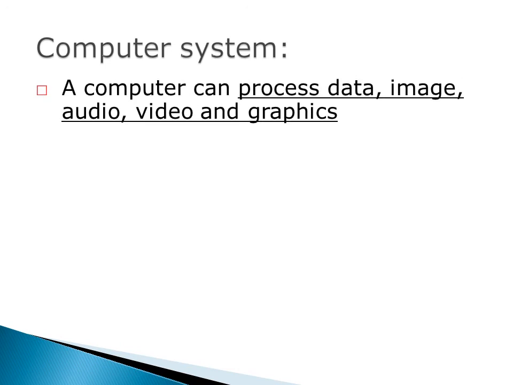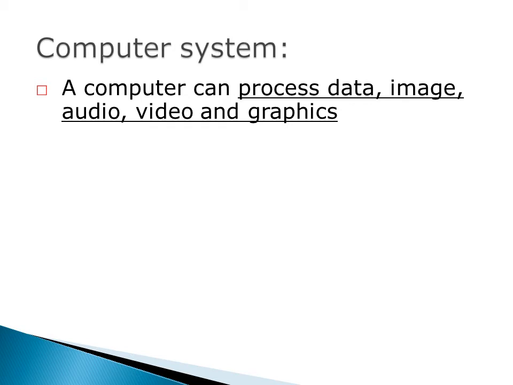And the next one, computer system. What does it mean? When the term system comes, it is not only the computer; we must require the system to do various functions all together. The computer can process images, data, audio, video, and graphics also.